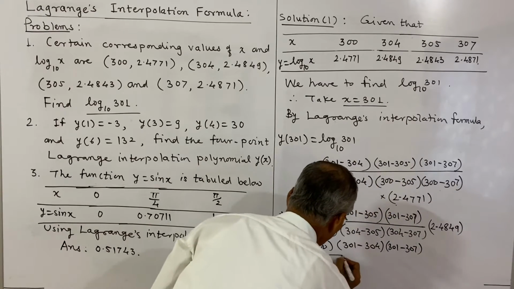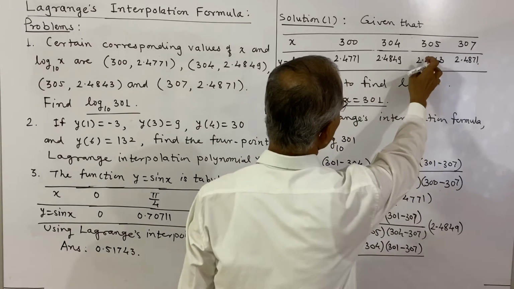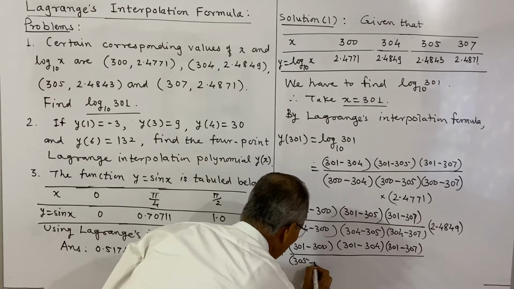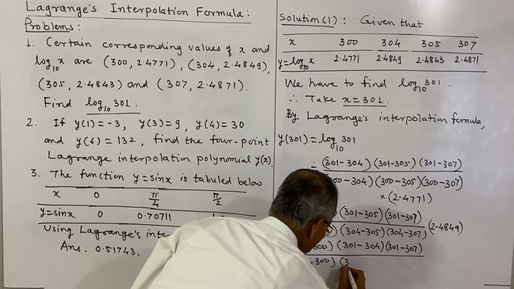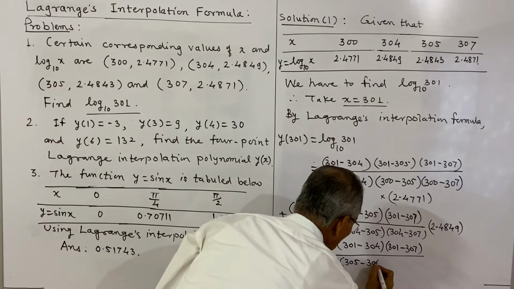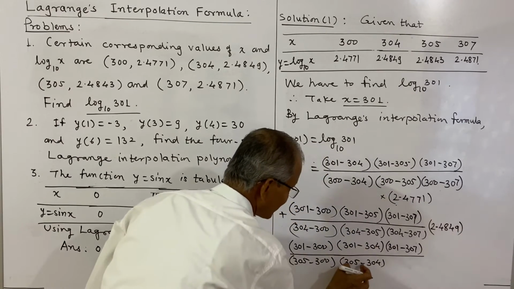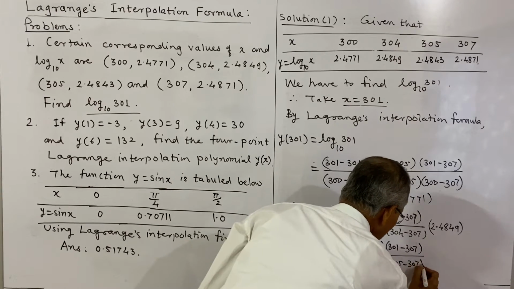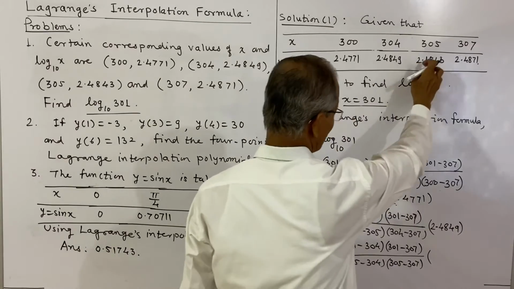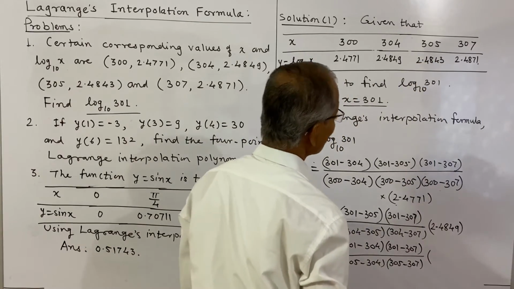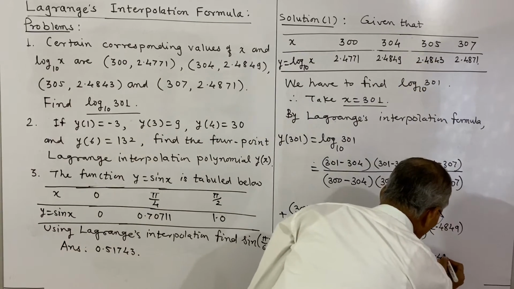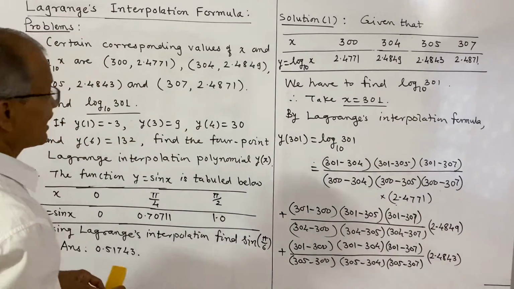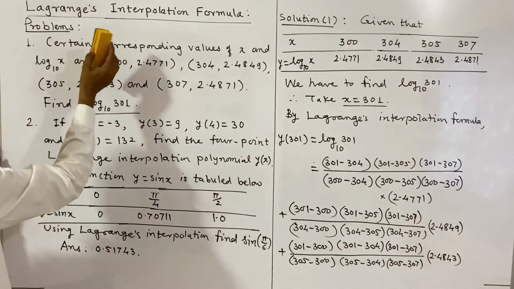At the denominator we write 305 minus 300, replacing the first value of x by 305, and so on. And here the value of y is 2.4843. We are expressing the formula.